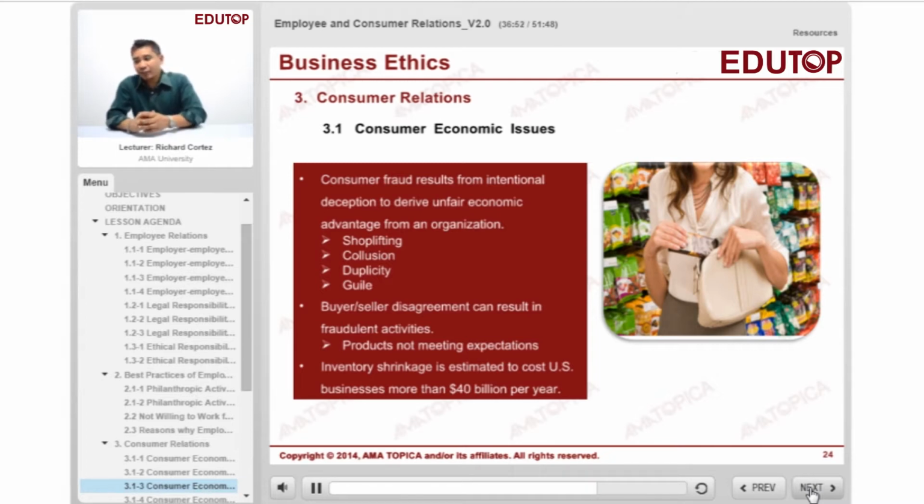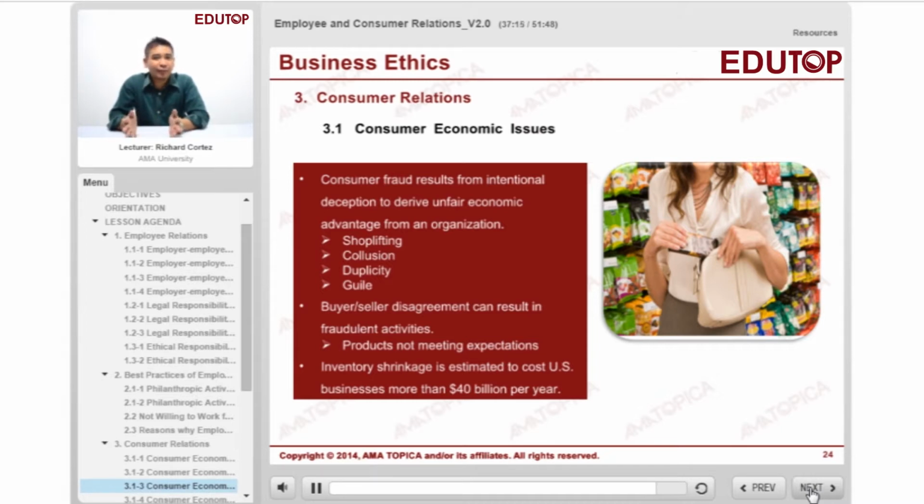And inventory shrinkage is estimated to cost businesses more than 40 billion per year. So sometimes the company can also suffer pilferage. There are employees that do pilferage within the company. So it results in loss of inventory on the part of the business.